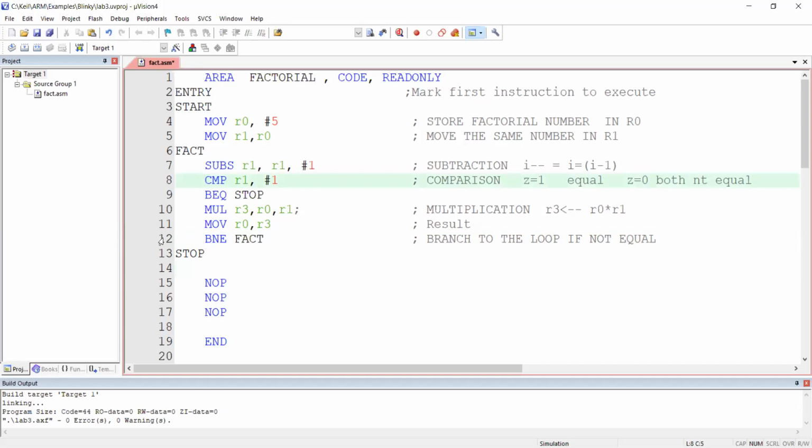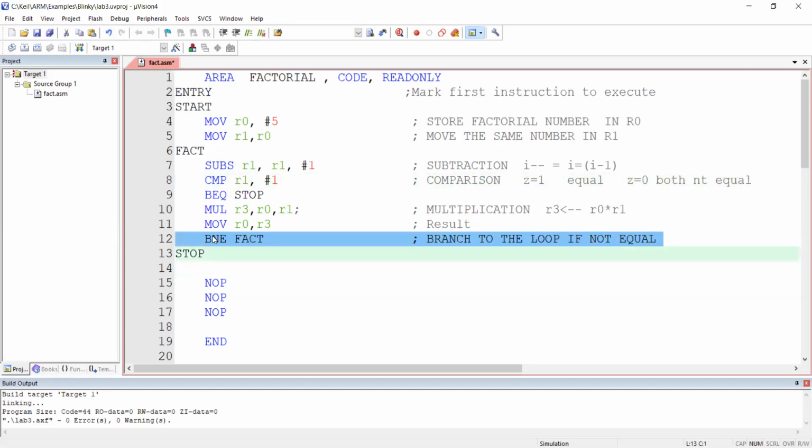Here, the branch decision is in the 12th line. So it checks whether the 11th line is a comparison. No. The 10th line? No. The 9th line? No. Is the 8th line a comparison? Yes. So whatever result it got in the 8th line, based on that only it decides.